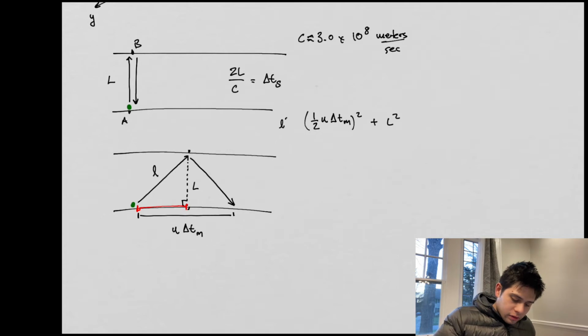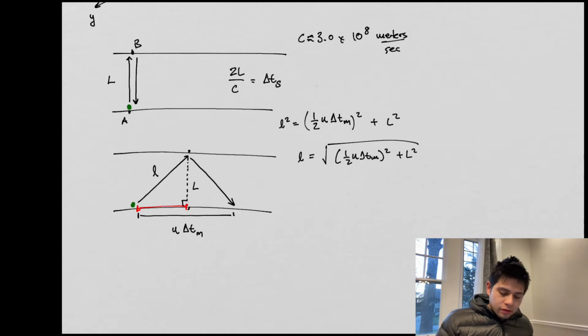So little l is equal to the square root of 1/2 u delta t moving squared plus L squared.